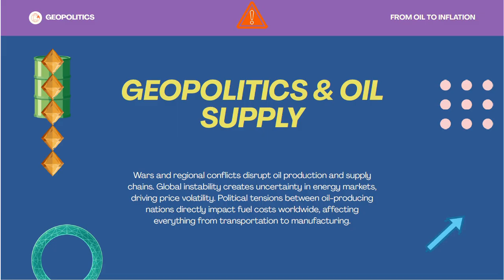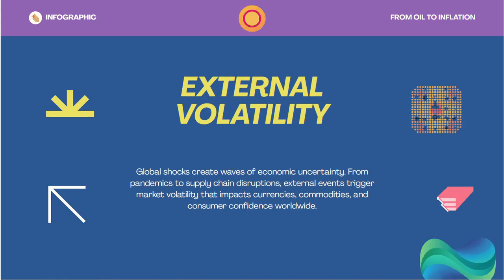This creates what economists call external volatility. External volatility means instability coming from outside the country. Examples are wars, global crises, trade restrictions, etc. These are all called external volatility.